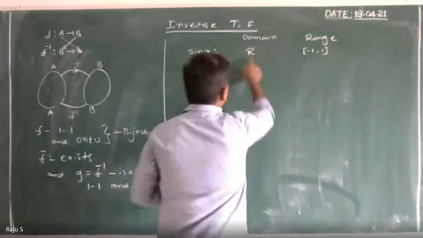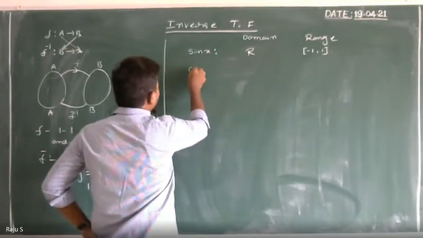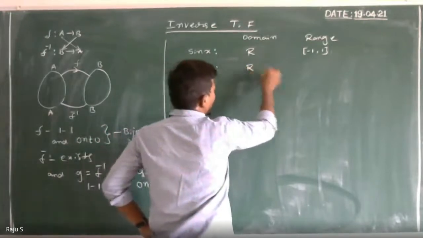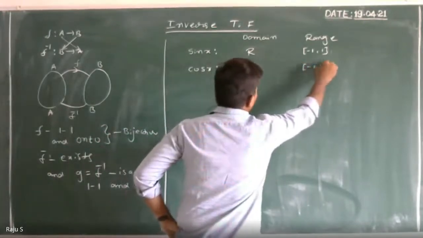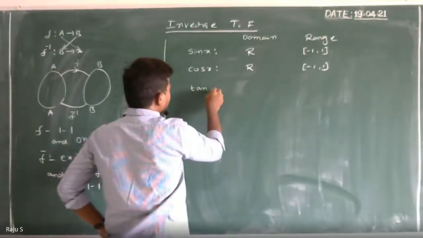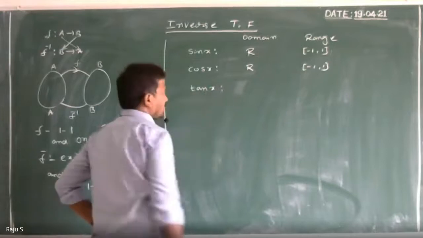Okay, now this is sin x and cos x. Already you studied the domain is real, and the range is -1 to 1. Then what about tan x?